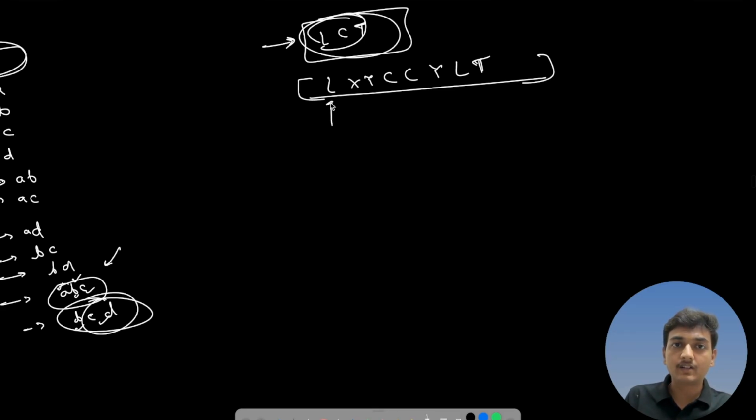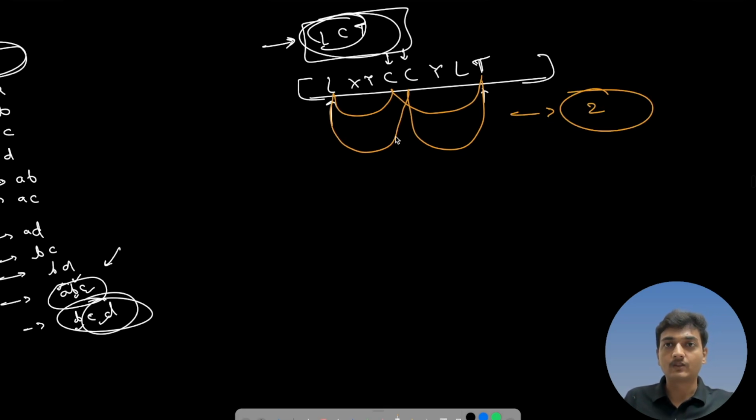I can see one L here, then two C here, and one T here. How many subsequences can I have? I think this can be one subsequence and this can be another. So I can have two subsequences in this string. I hope the question is clear to you: what is a subsequence and what we have to find.